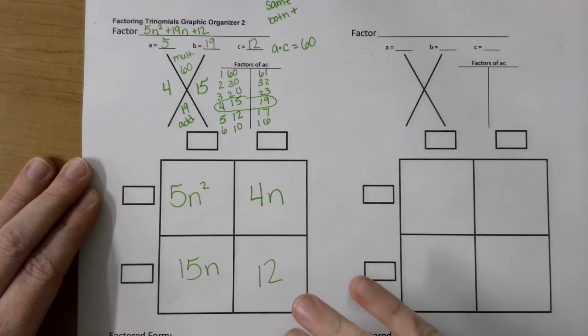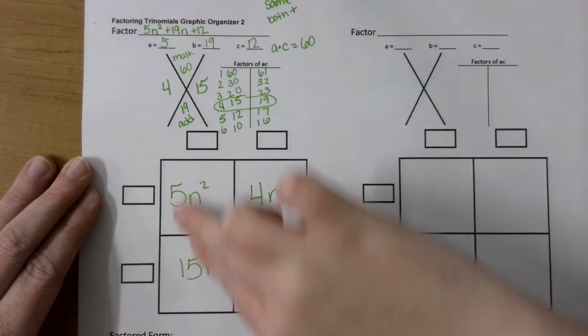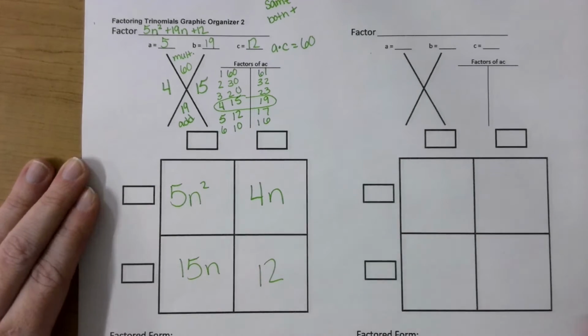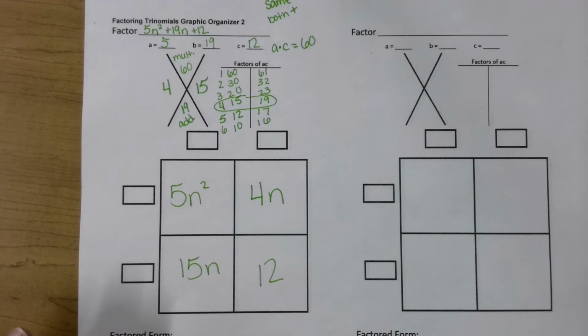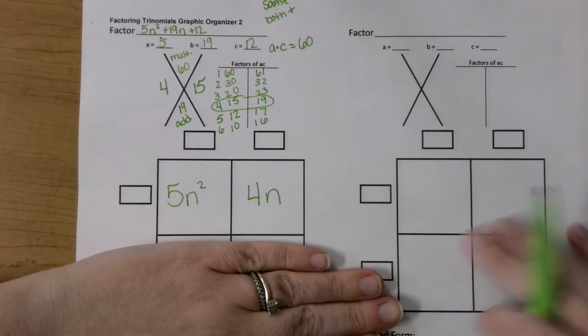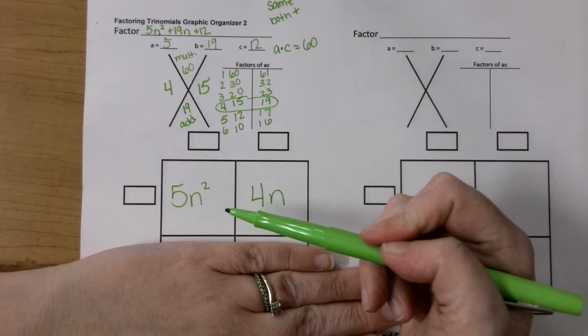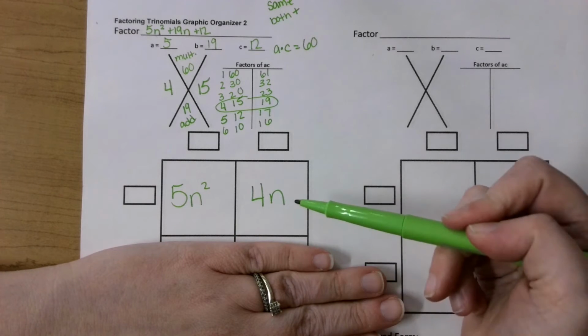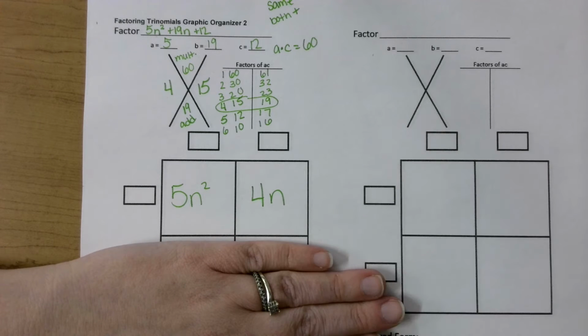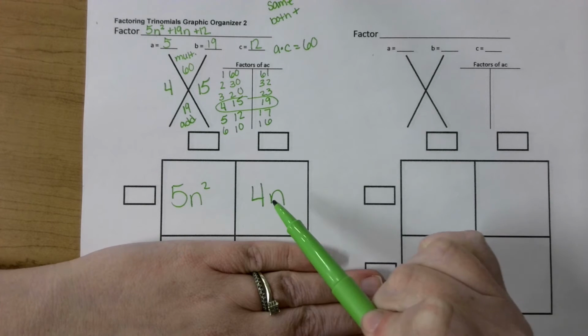Now we're trying to figure out what these have in common so that I know what I'm multiplying, which sounds kind of crazy. But what we're basically going to do is find the greatest common factor in each row and each column. So we'll start with our first row. I want to find the greatest common factor between these two items. What is something I can divide 5 and 4 by?